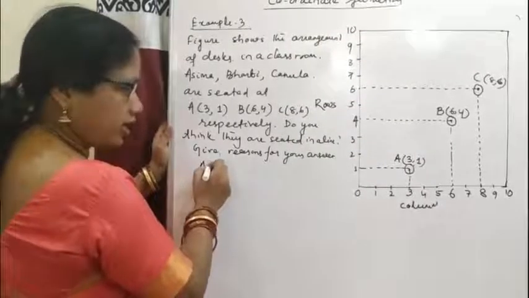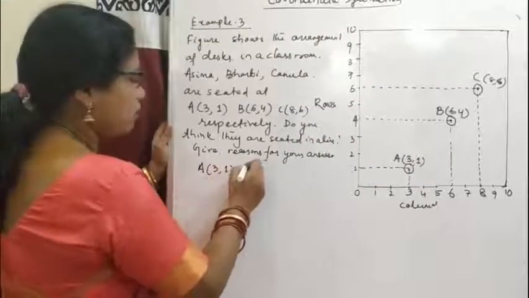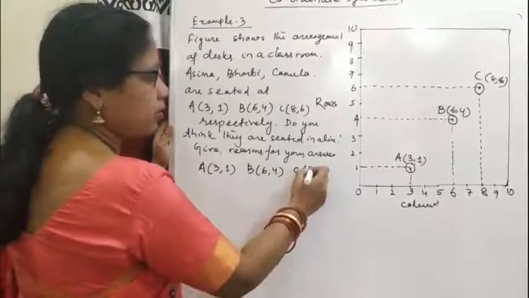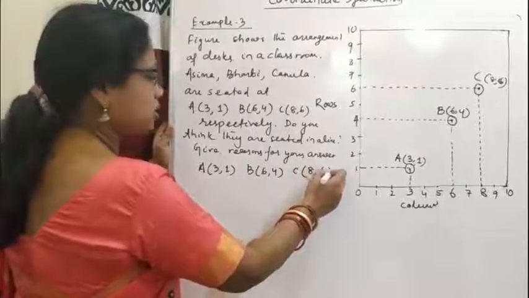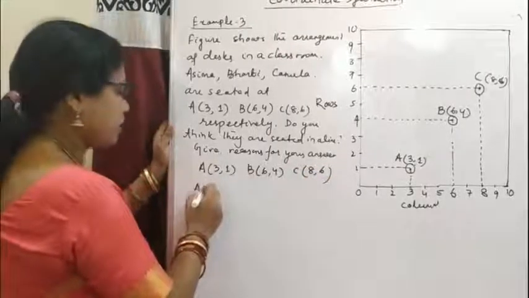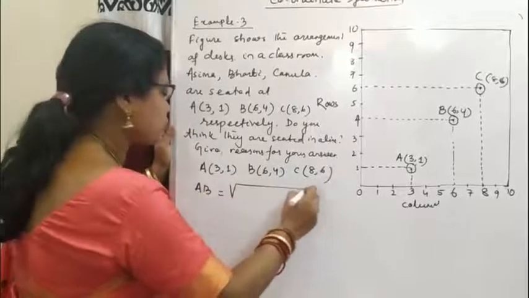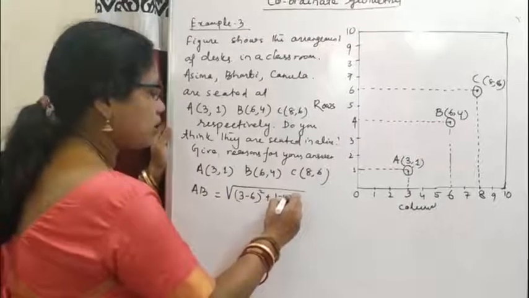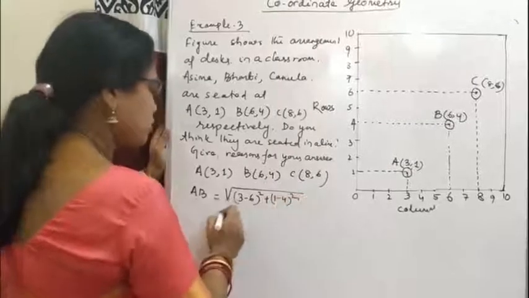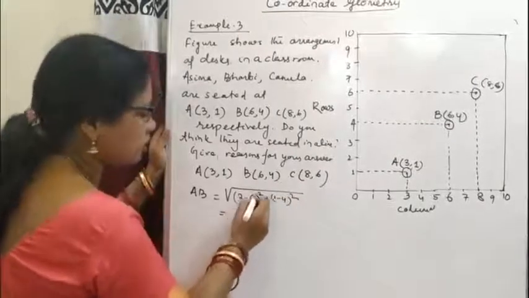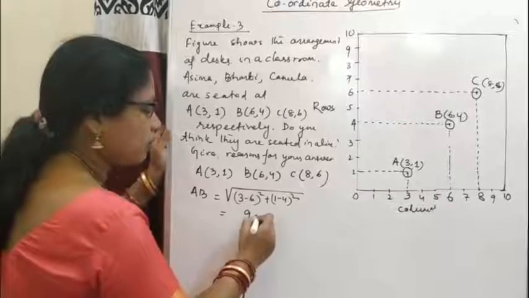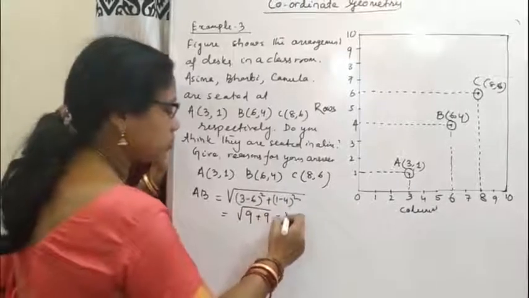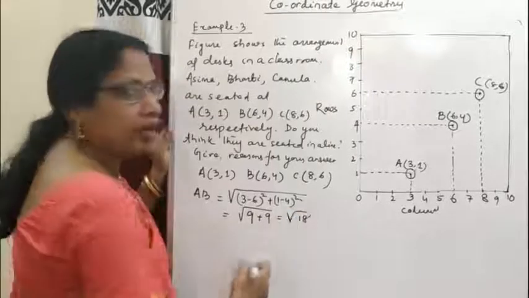Our A is (3, 1), B has coordinates (6, 4) and C has coordinates (8, 6). So first AB. AB is equal to the square root of (3 minus 6) whole square plus (1 minus 4) whole square. So this is equal to minus 3 whole square, 9, plus minus 3 whole square, this is also 9. So this is equal to root over 18.